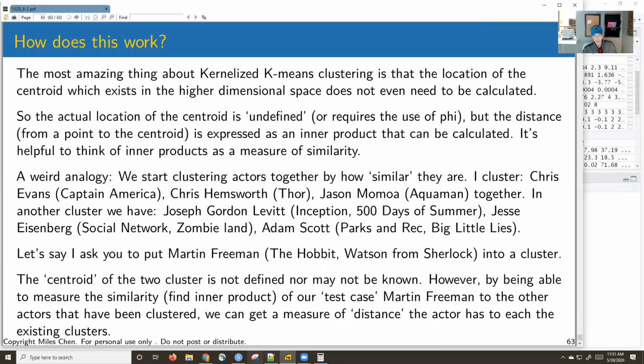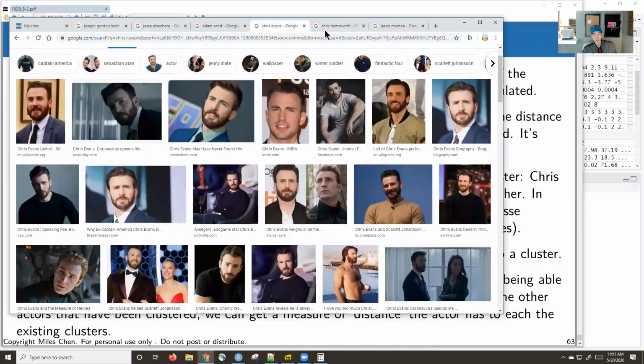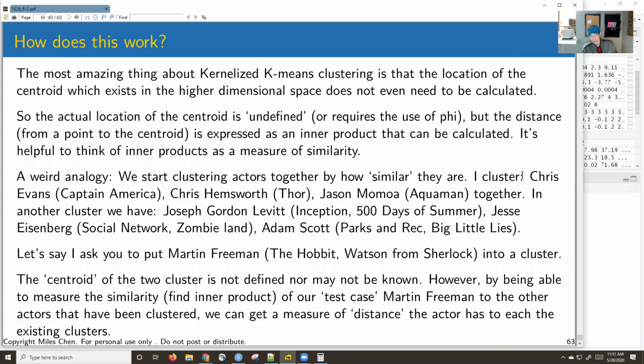Like if we know these 3 belong to a certain cluster, and Chris Evans, Chris Hemsworth, and Jason Momoa belong to a different cluster, then if we get a new person and we want to cluster them, we can just measure the similarity between this new observation and the data points that already exist in our data, and measure similarity that way without actually having to find the centroid itself.